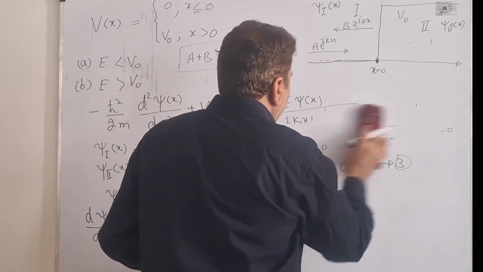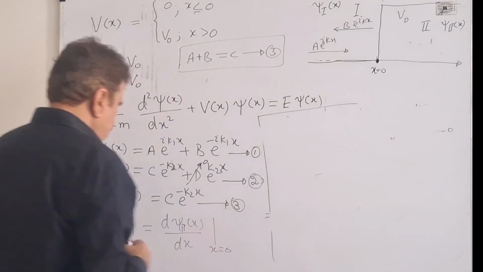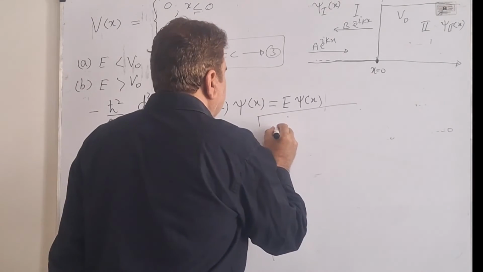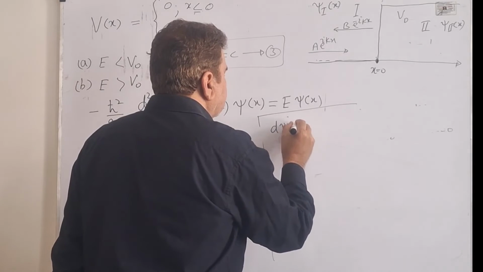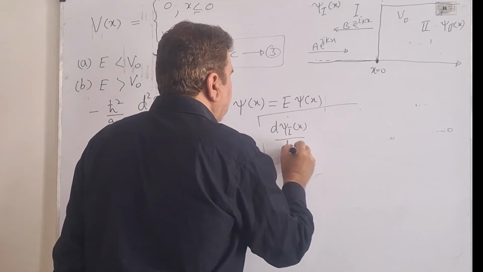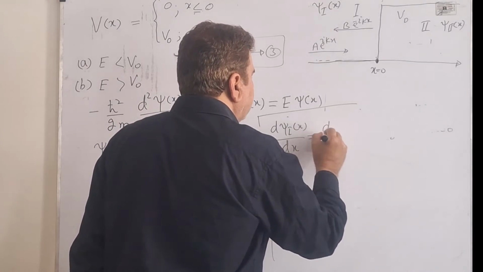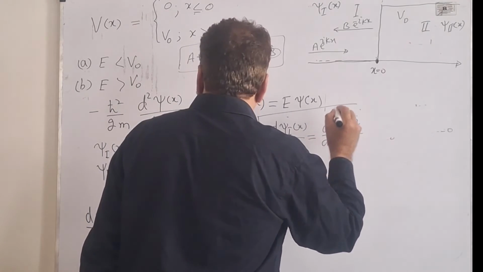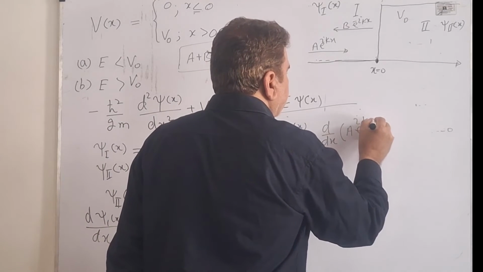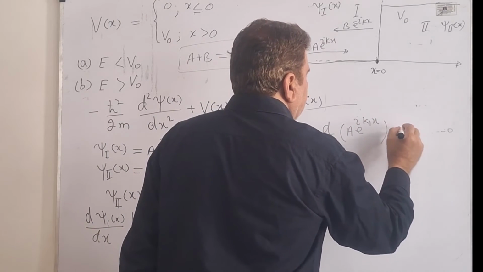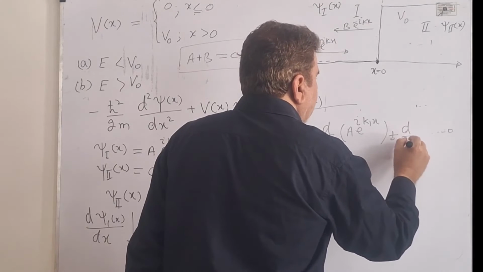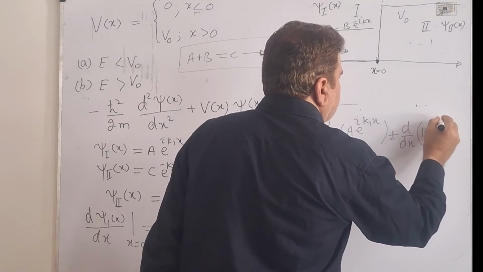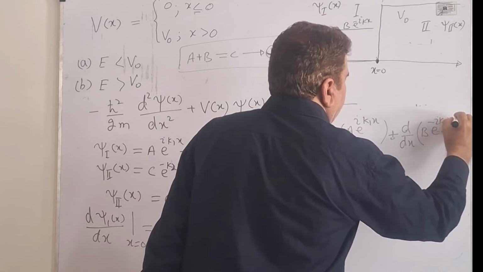So I remove this, and I apply this derivative to this wave function. I can write d psi 1 of x over dx is equal to d by dx of a exponent iota k1x plus d by dx of b times exponent minus iota k1x.